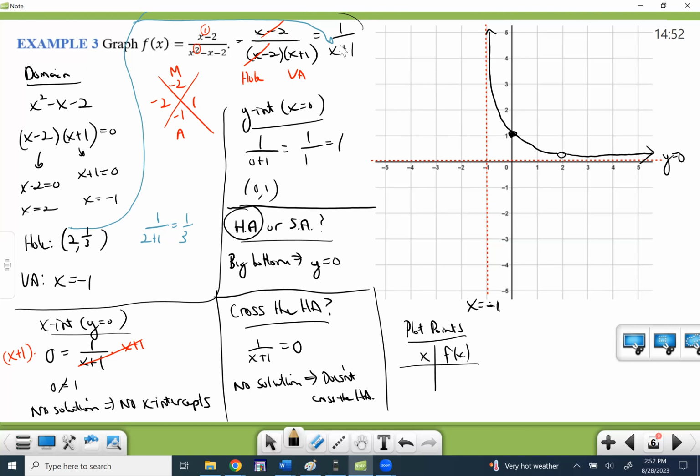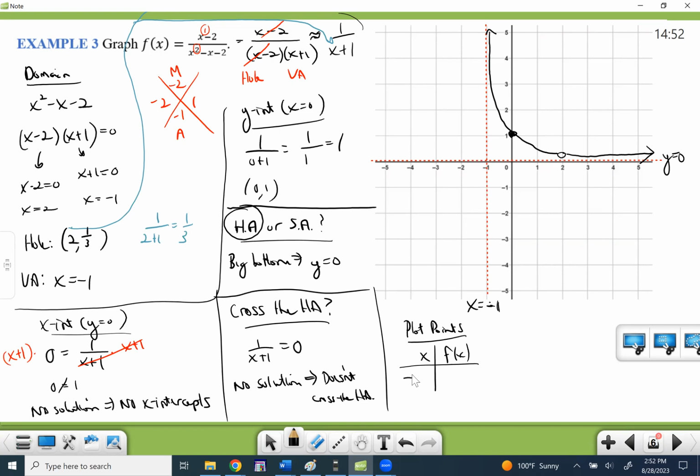The math is simpler here. And these aren't exactly equal. I should have put an approximately sign, right? They only differ at the point where there's a hole. This right here no longer has a hole, so it would just go right on through. The original did have a hole, and so it would be open here. But elsewhere they match. So let's use that simplified version to do the math for us.